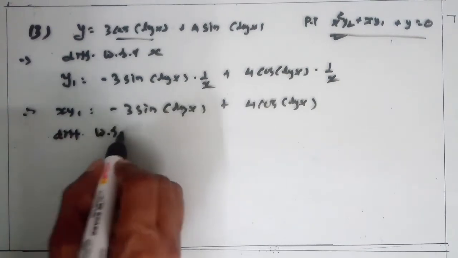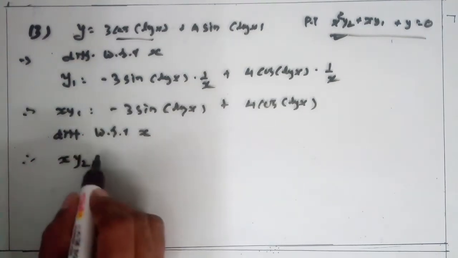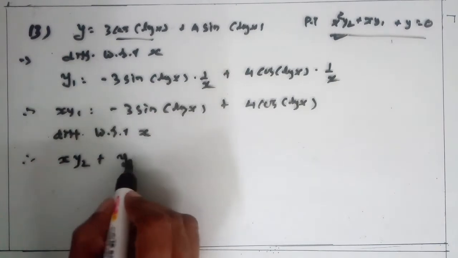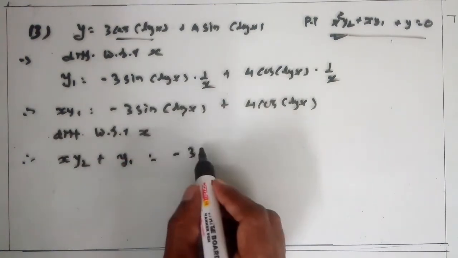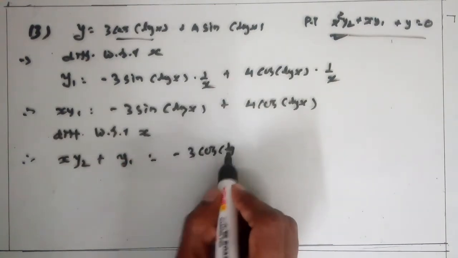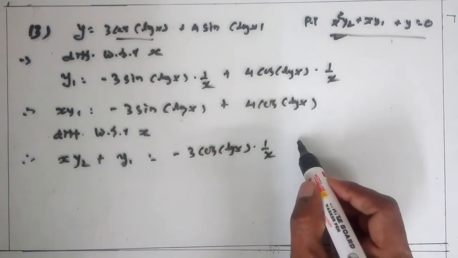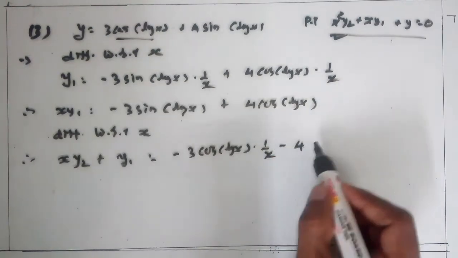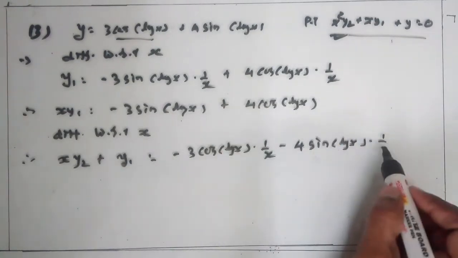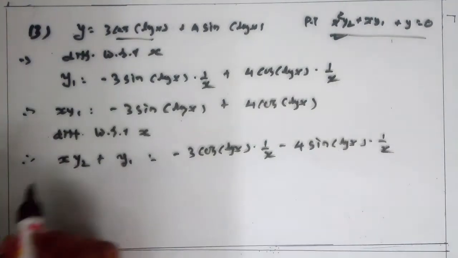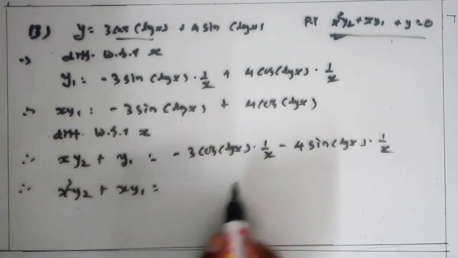Here x into the derivative of y₁ is y₂, plus y₁ into the derivative of x, which is 1, is equal to minus 3 into the derivative of sin, which is cos(log x), into 1 upon x, plus 4 into the derivative of cos, which is minus sin(log x), into 1 upon x.